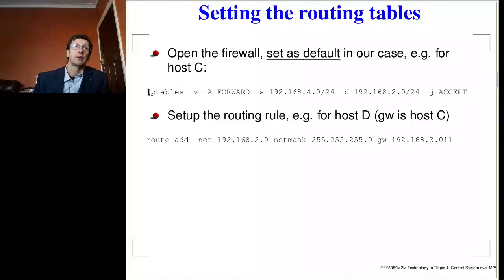Okay, anyway, in order to add the new rule, we do iptables -A to add, FORWARD, the chain for forwarding connections, and what are you adding to this? The source from this network, the destination is this network, and the action is ACCEPT.